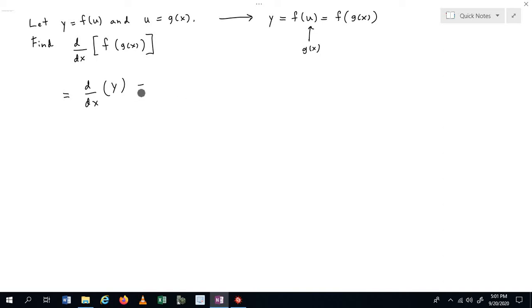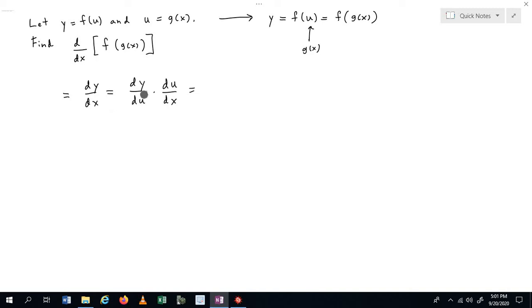You can write this like this. It's the same thing. And then by the first form of the chain rule, we know that this is equal to the derivative of y with respect to u times the derivative of u with respect to x. Again, that's the first form of the chain rule.